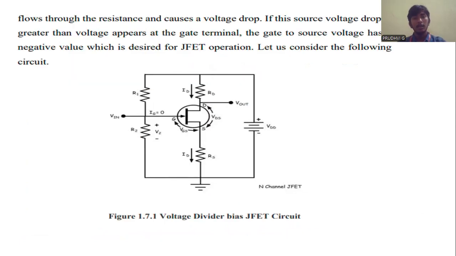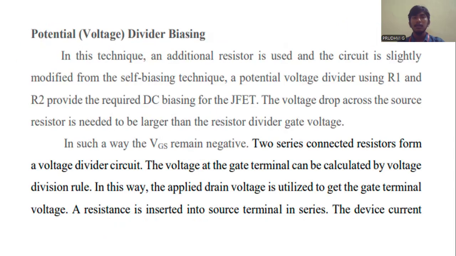Have a look here. RS is the source resistor, and R1 and R2 are the resistors, which are in series with each other. In this technique, an additional resistor is used and the circuit is slightly modified from the self biasing technique.